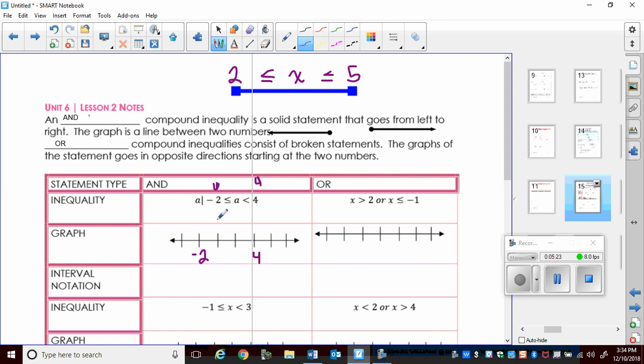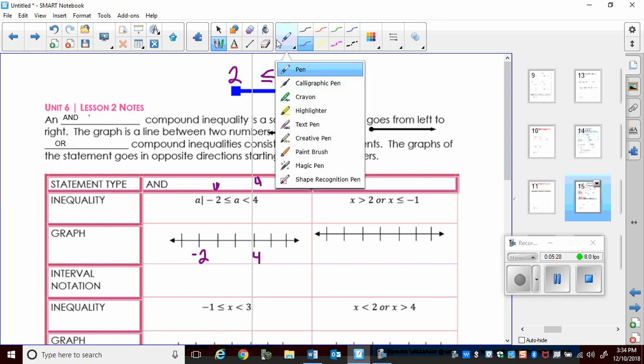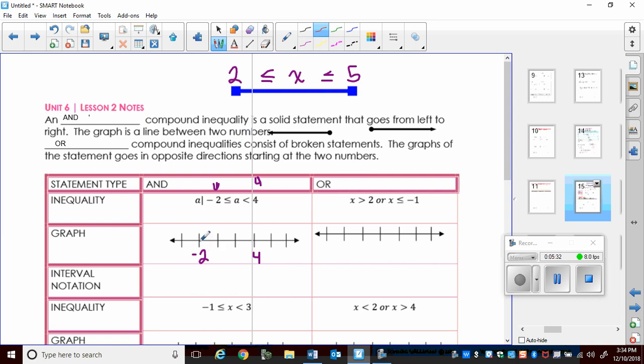If this is an and statement, it's all of the numbers between -2 and 4, and it's equal to, so I'm going to have filled in circles here. That's all of the numbers between -2 and 4.